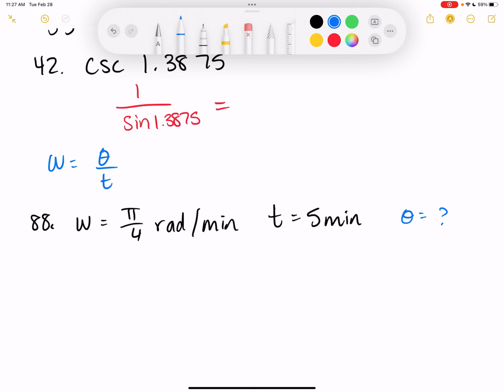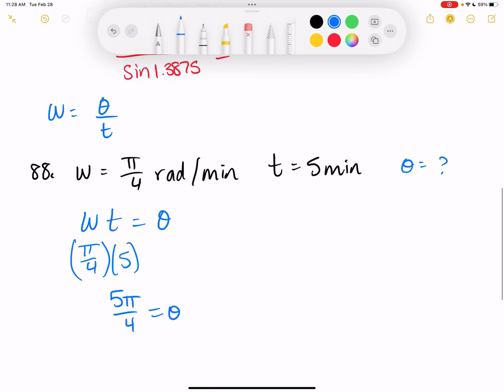So I'm just multiplying: W times T is equal to theta. So pi over 4 times 5. And I'm okay with you just leaving it as 5 pi over 4 because that'll indicate radians. If you multiply it through, then you need to write that the units are radians on theta.